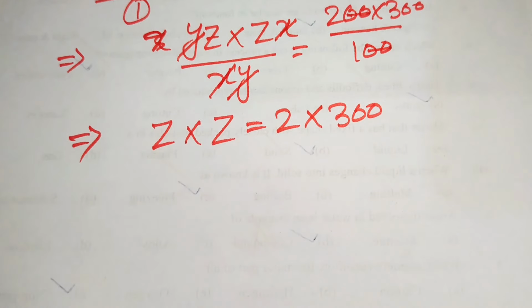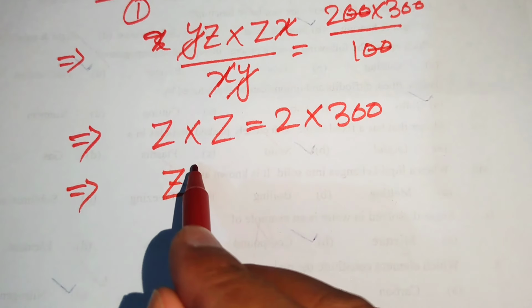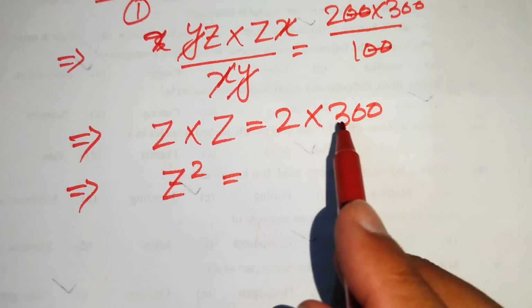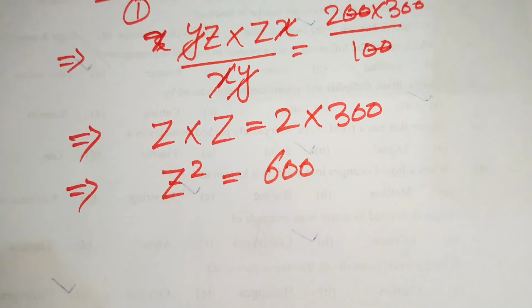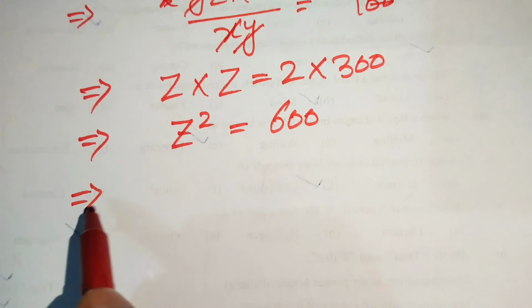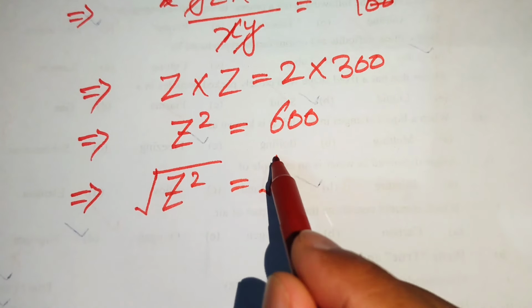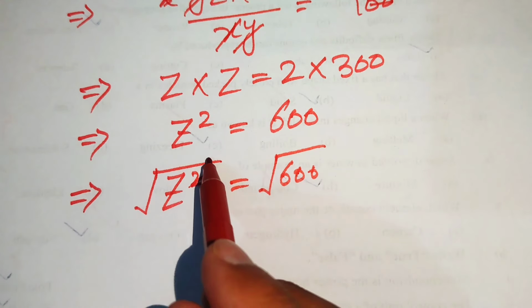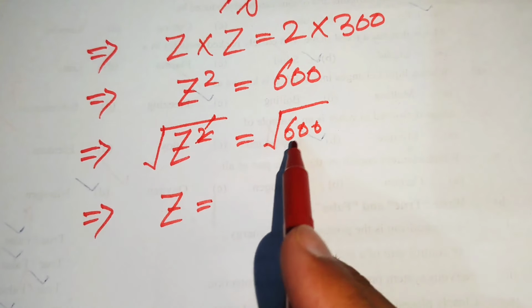So when we multiply z by z, we get z square equals 2 times 300, which is 600. Now in the next step, in order to find the value of z, we take a square root on both sides of this equation. This square and square root are gone, and we get z equals square root of 600.